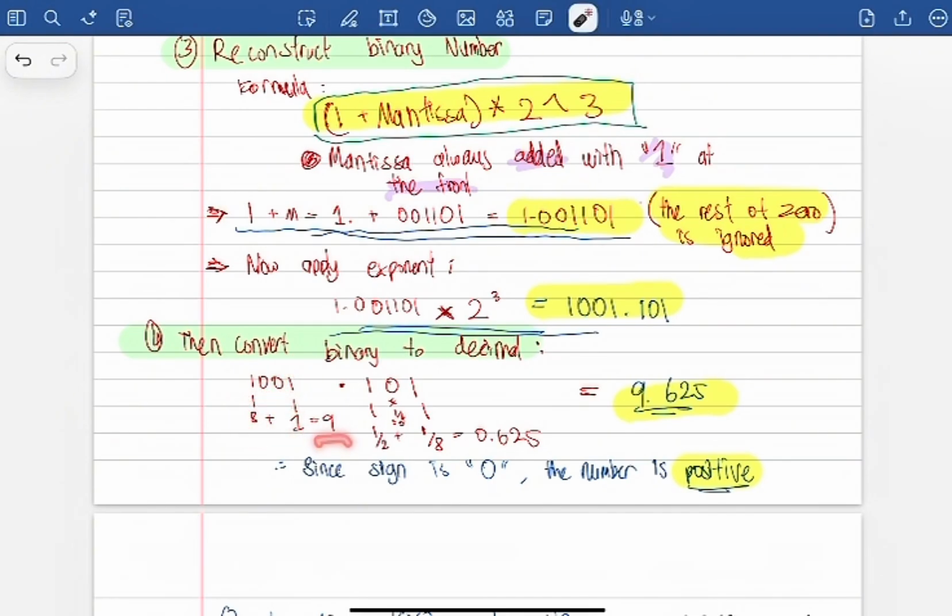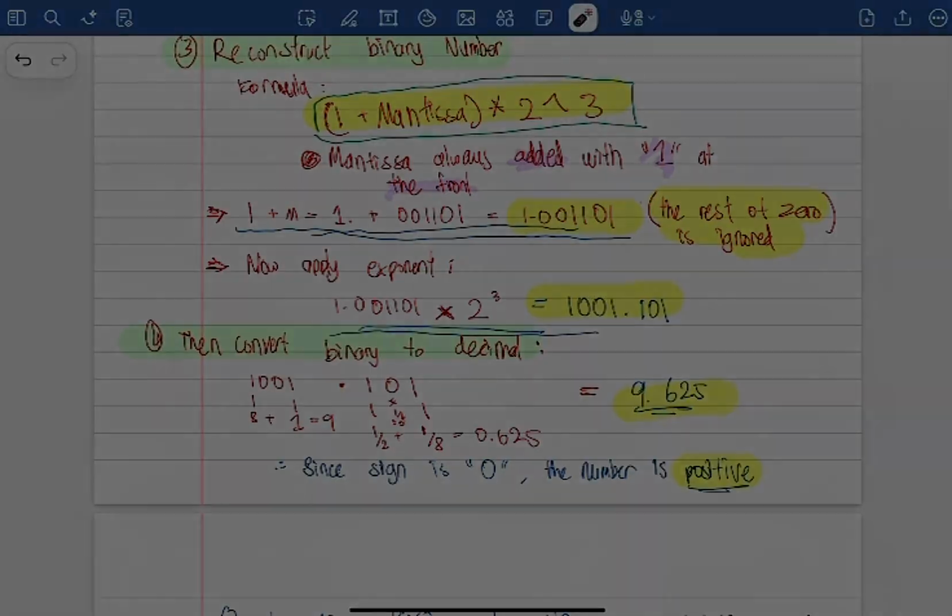Then we got 9. Then this one is equal to 1 over 2, which is 0.5. And the third decimal is 1 over 8, which is 0.125. Then we add the numbers together, 0.625. Then the whole number is 9.625. Since the sign is 0, the number is positive.